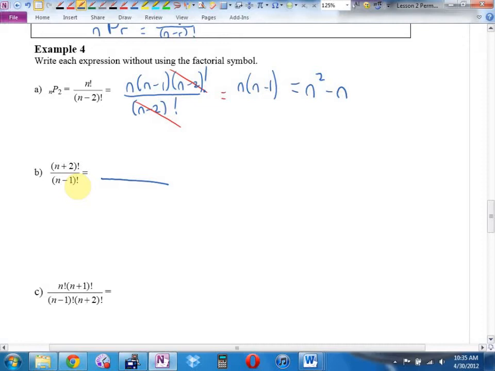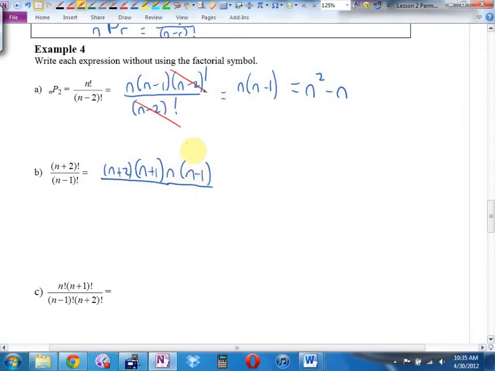The first term is n plus 2. What's 1 less than n plus 2? What's 1 less than n plus 1? Careful. N plus 0, or just plain old n. What's 1 less than n?